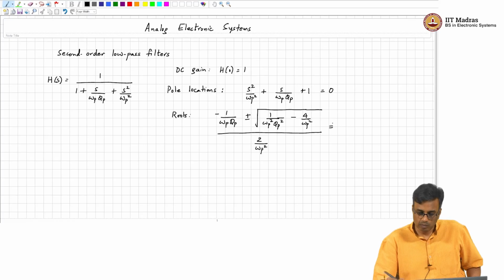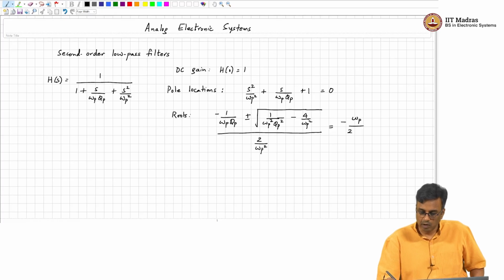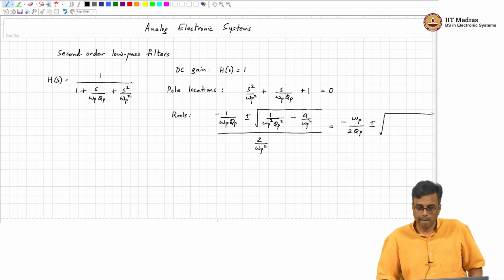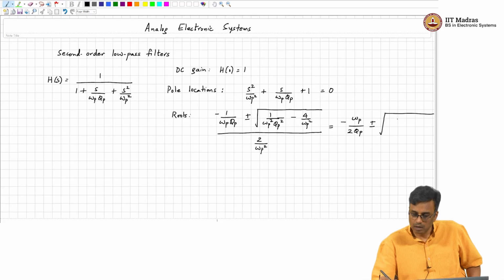All right. So, this is now minus omega p over 2 Q p plus minus square root of, okay, all right, minus 1. Okay, then what happens? What about the first term?